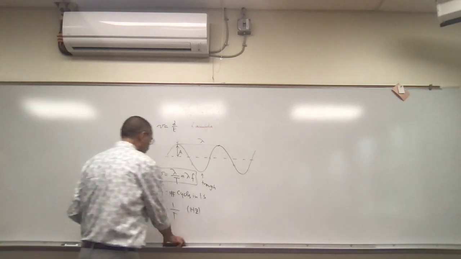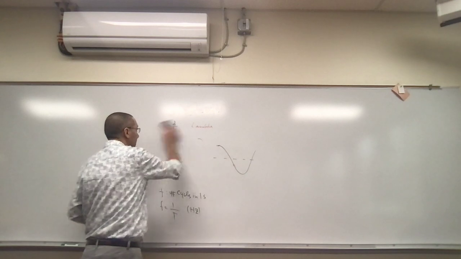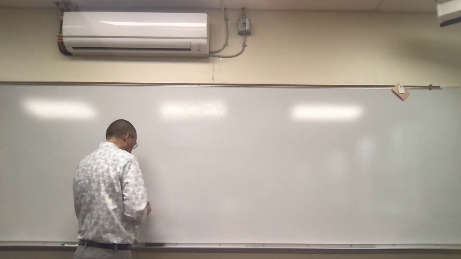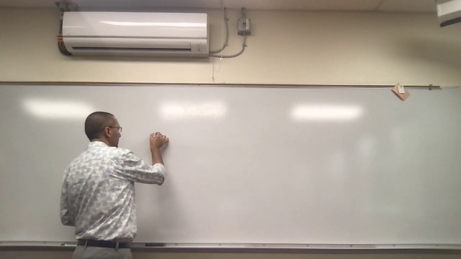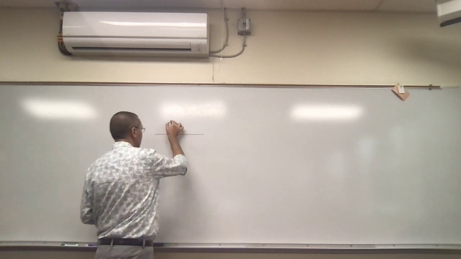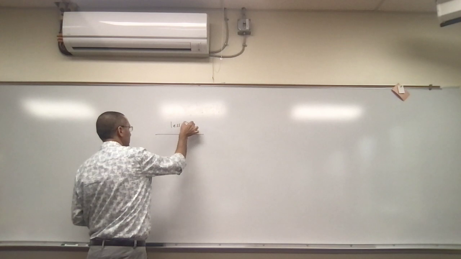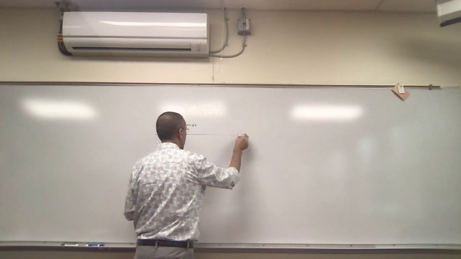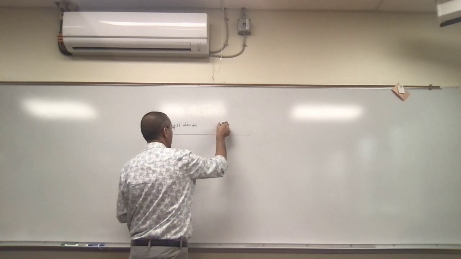Now let's look at how waves behave when they change medium. If I have a wave going from something less dense to something more dense, I'm going to represent the more dense in red.